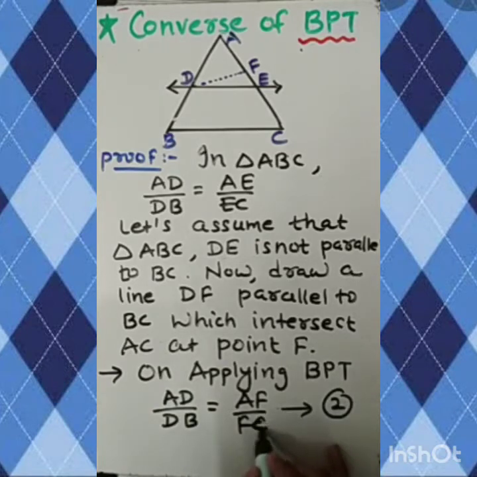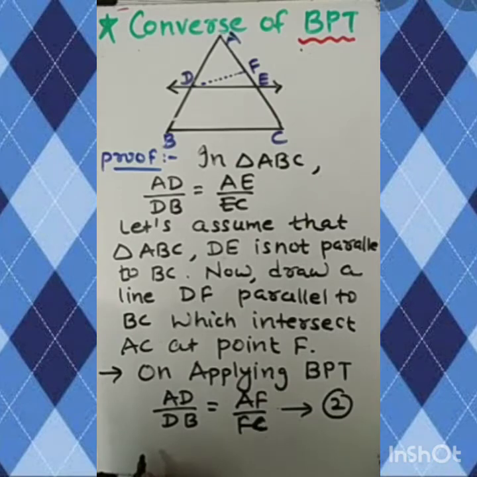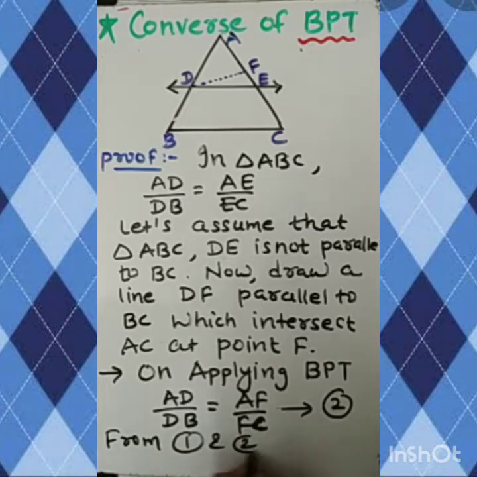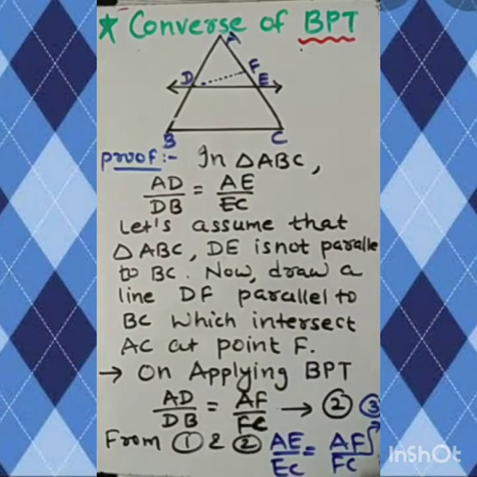Now from results 1 and 2, we have AE upon EC equal to AF upon FC. Let's call this result number 3. Let's see in the next part.